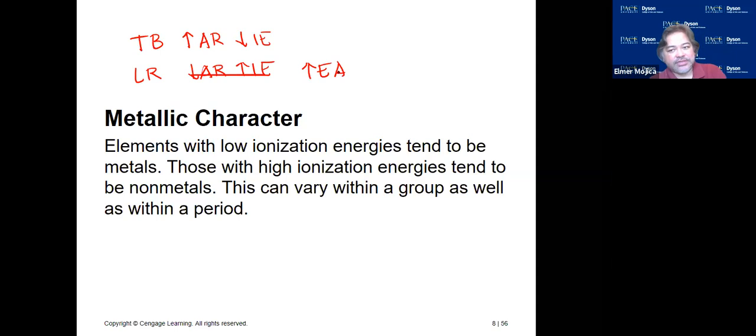That's what we can have right now. Now for the metallic properties, where are all the metals? Usually they are on the left side. So left to right, it decreases. And if you look here, elements with low ionization energy tend to be metals, and those with high ionization energy tend to be non-metals.